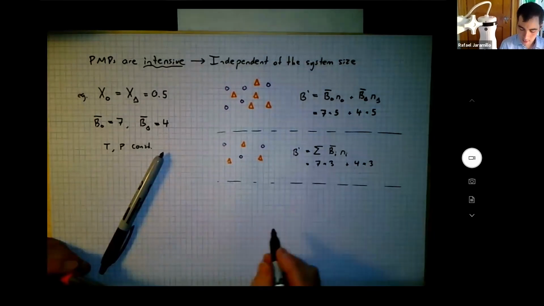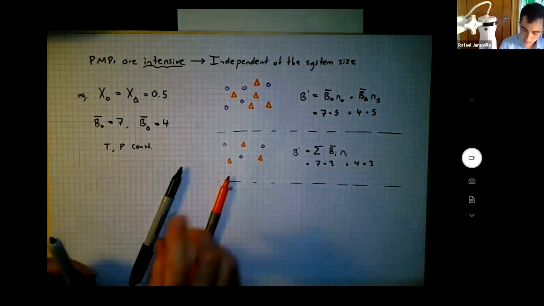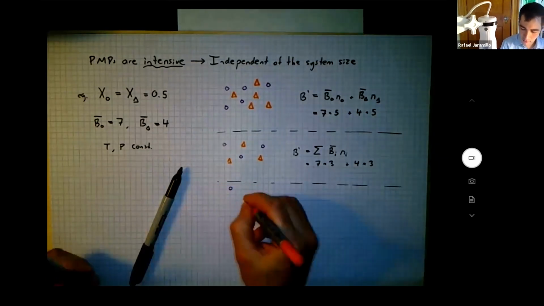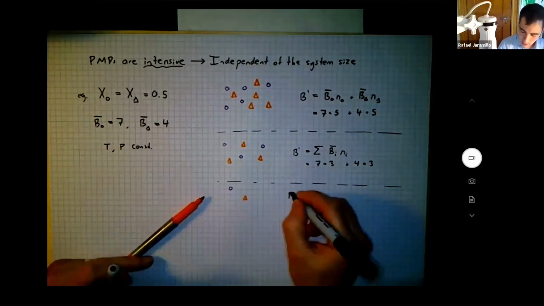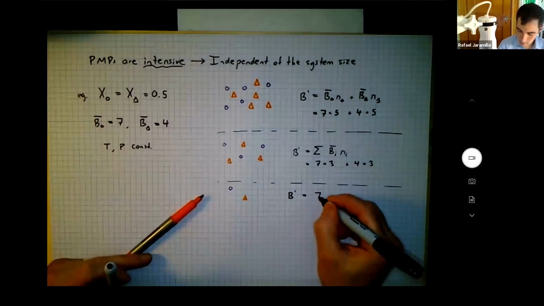And then, of course, you can keep on going here. Let's imagine 1 circle and 1 triangle. The total amount of B equals 7 plus 4.